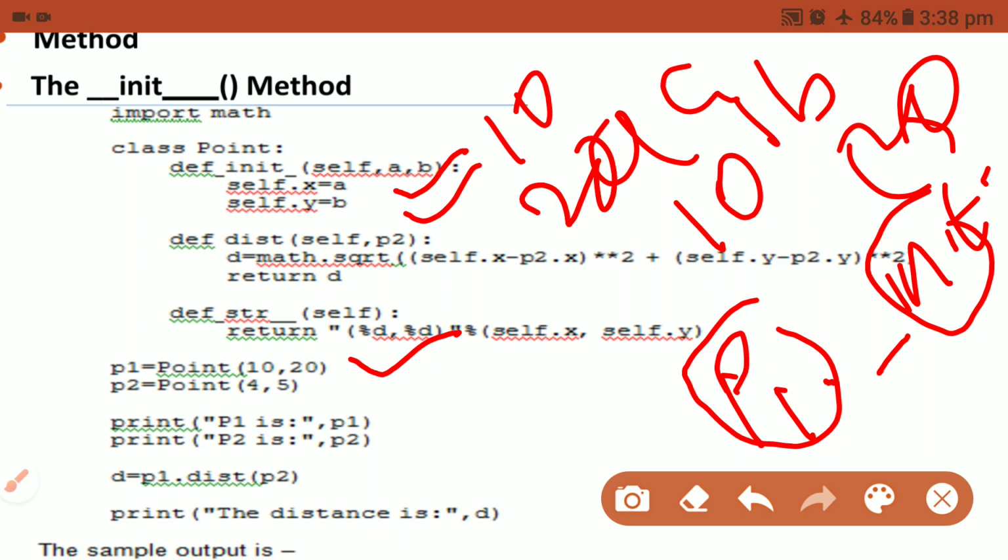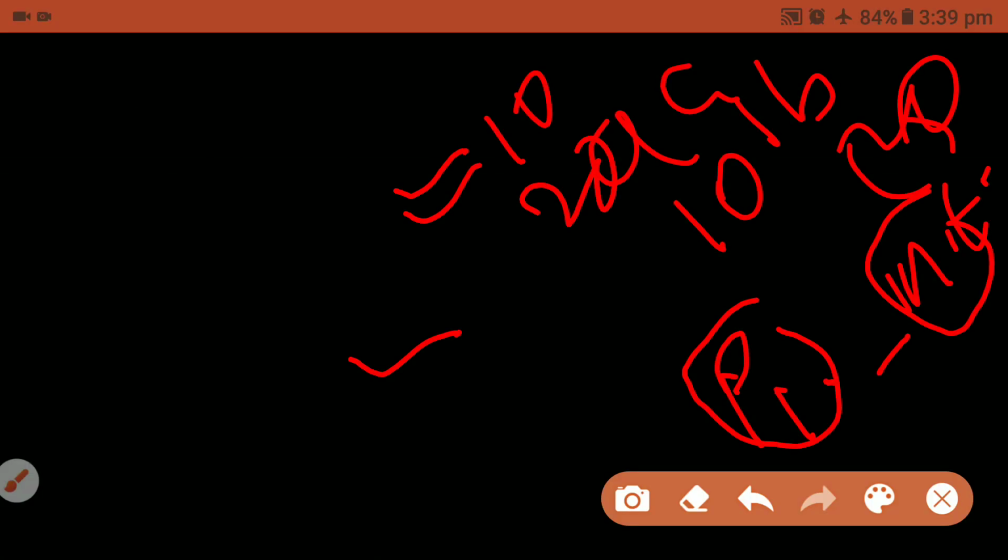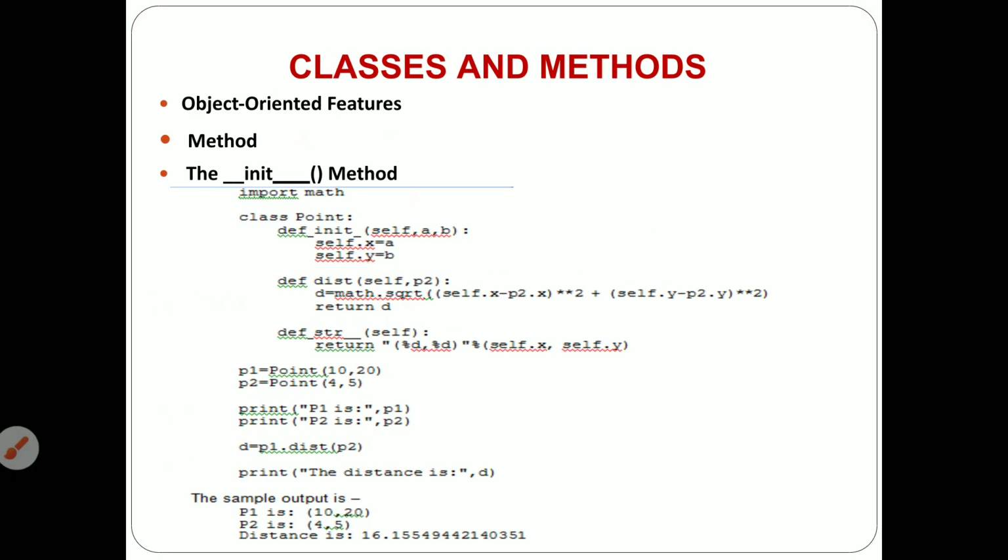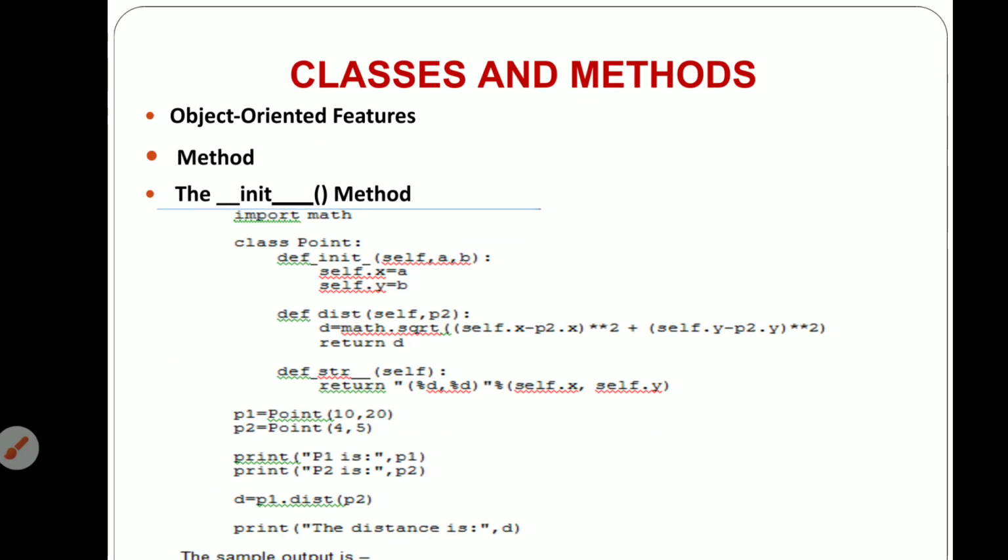Here x and y are the attributes. So x for object p1 is 10, and y for object p1 is 20, like that it works. When we create another object p2, Point(4, 5), the same happens.